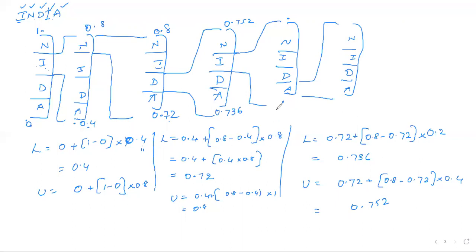Okay. So here the lower interval is 0.7424, here 0.7488. Again 0.7424, then 0.74368.